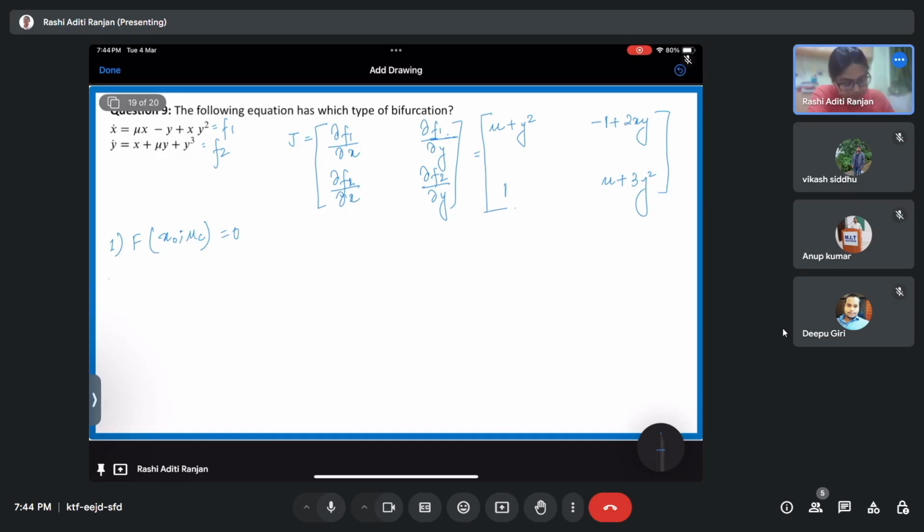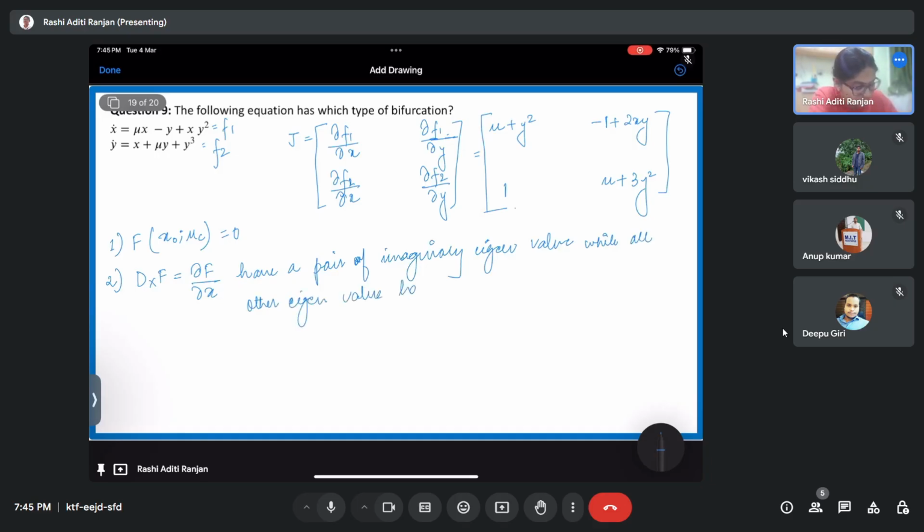The second one was that if I find the Jacobian, it should have a pair of imaginary eigenvalues, while all other eigenvalues have a real part not equal to 0.